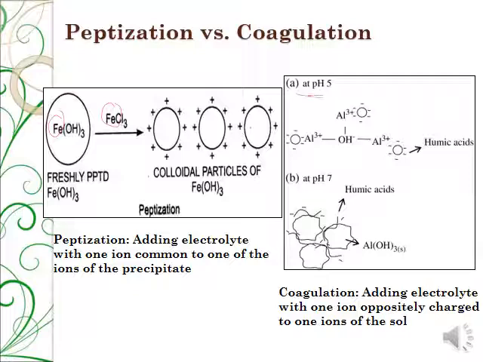So this figure here is showing coagulation. At pH 5, adding an electrolyte with the ion oppositely charged to the ion of the solution will lead to a bigger precipitate. Okay, this is humic acid at pH 5, and this is humic acid at neutral condition.